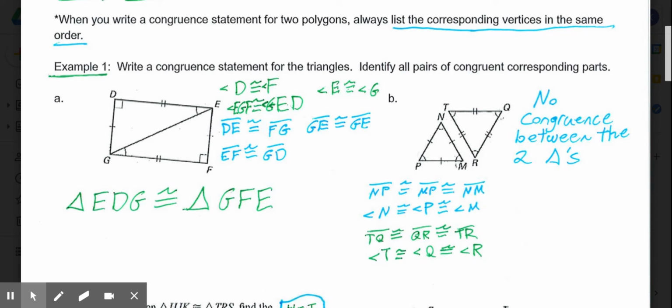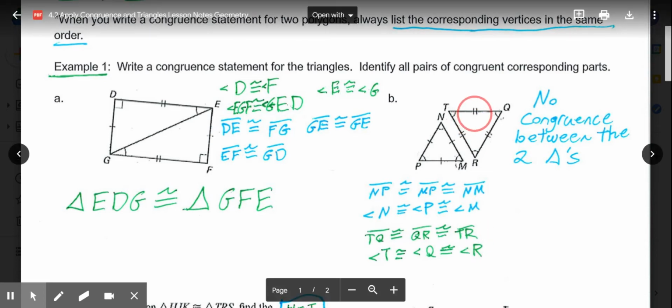But then the sides on triangle NMP only have a single hash. So I know NP is congruent to MP, which is congruent to NM. Same with TRQ, it has double hashes. So TQ is congruent to QR, which is congruent to TR.